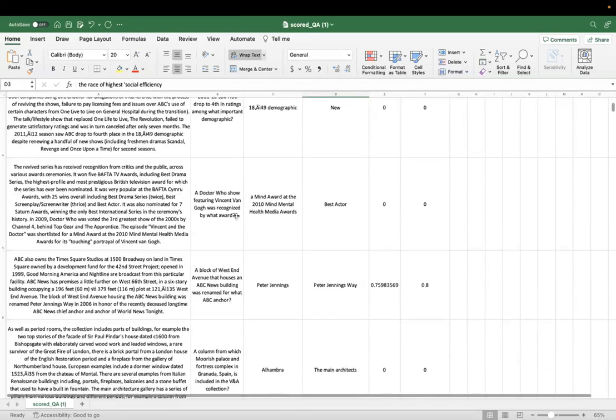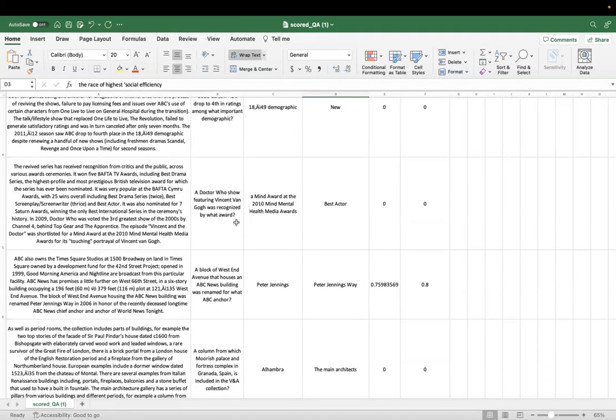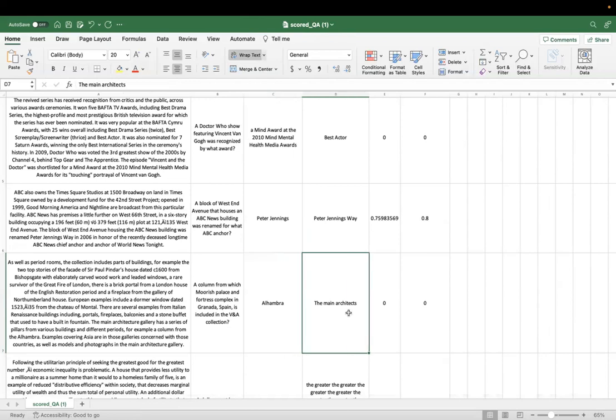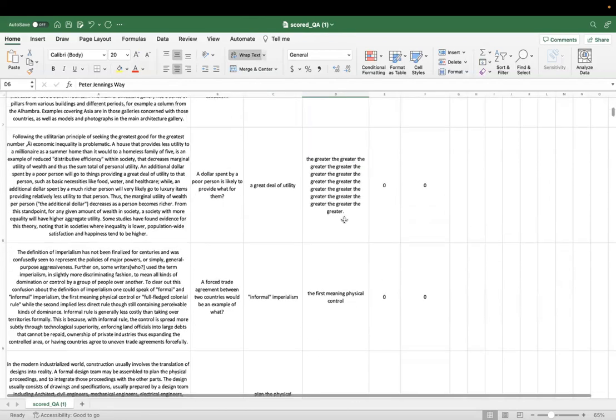Most of the time the answer was not always correct. Here it's Alhambra, but the main architect's name was coming out instead, and over here it's Peter Jennings. It was a mix, but considering that this is a test data set, after a lot of pre-training on a smaller version of GPT-2, we were able to get good results.